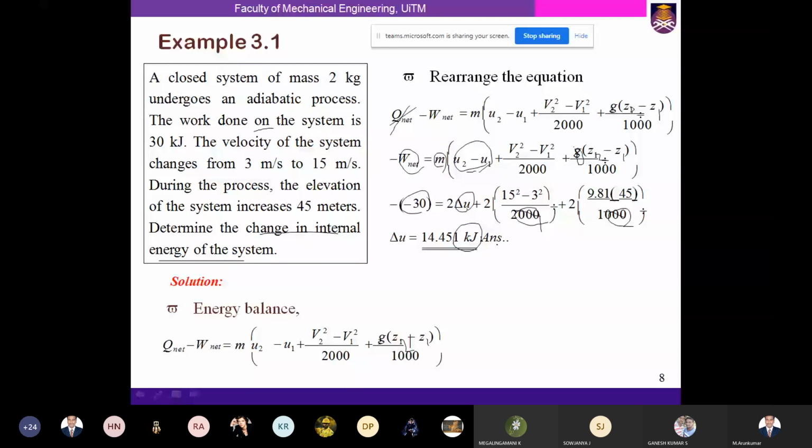So also we have to use the work done in joules to get the change in internal energy in joules. Just to be clear on the units also. So you can have the change in internal energy as 14.451 kilojoules or 14,451 joules.